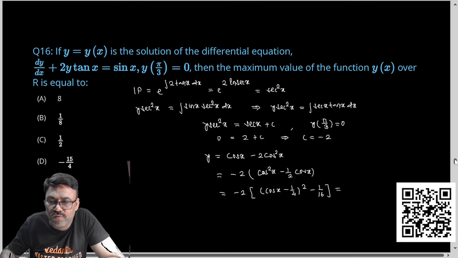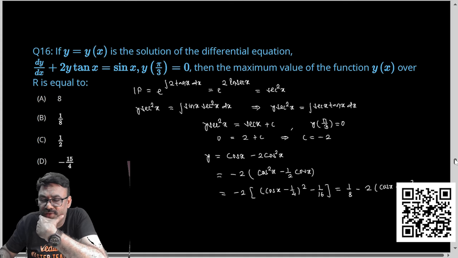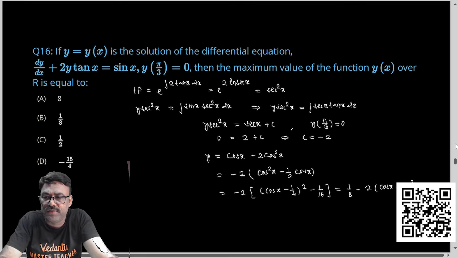So basically it is 1 by 8 minus 2 times (cos x minus 1 by 4) whole square. So you can see that this is always less than or equal to 1 by 8. Maximum value will be 1 by 8 here, because this square cannot be negative. So this square is minimum 0. So hence the maximum value of y is 1 by 8 here.